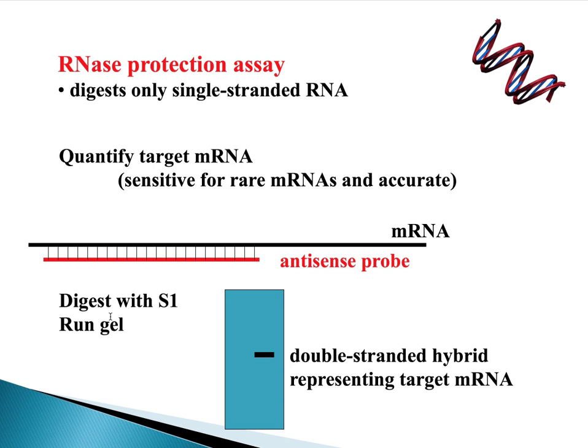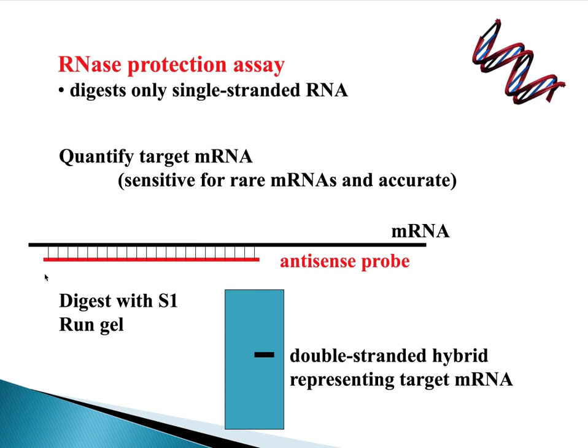You can also use S1 in an RNase protection assay, because it is also going to get rid of some RNA. So here's what you have. You have your mRNA, okay, and you have an antisense probe against your mRNA.